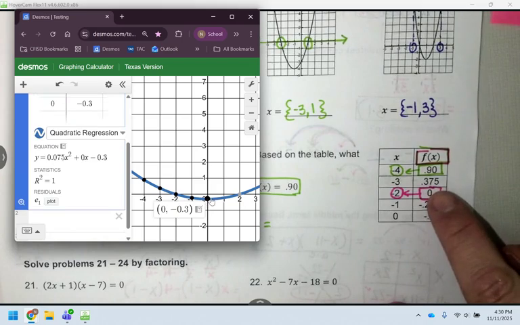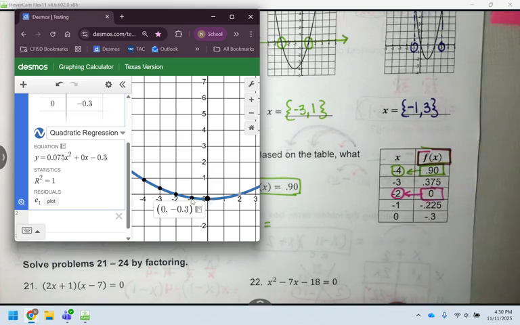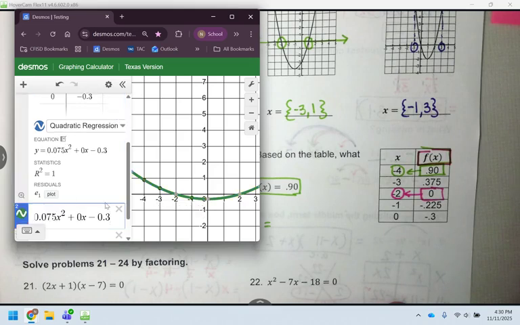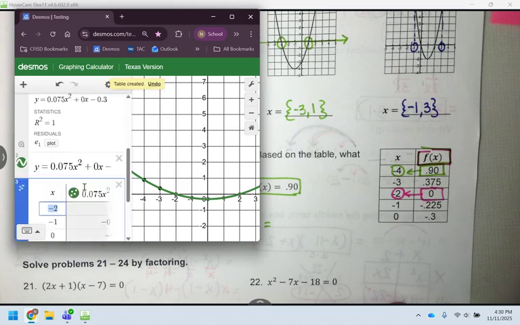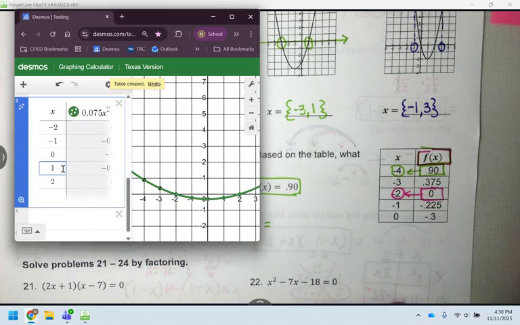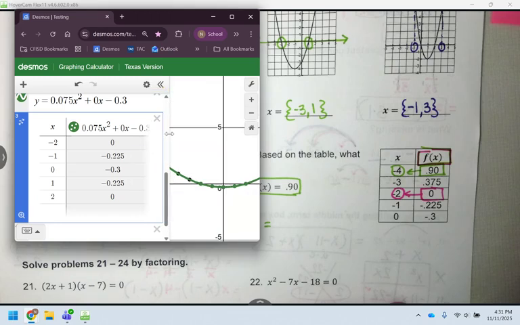So if this is my vertex, then when x is, let's see, zero.